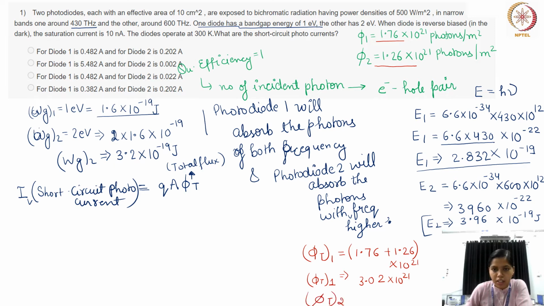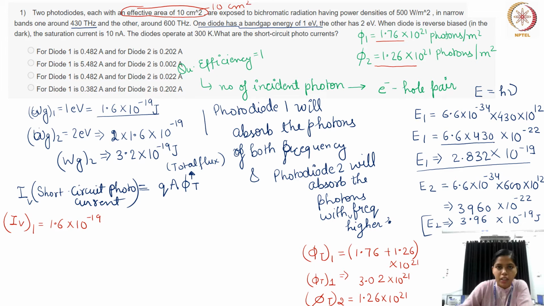And similarly, for the second photodiode, the photon flux will be 1.26 into 10 to the power 21 photons per meter square. So now we will put the values in this expression. For the first diode, the current value will be 1.6 into 10 to the power minus 19. The active area is 10 centimeter square, and when we convert it into meter square, it gives 10 to the power minus 3 meter square.